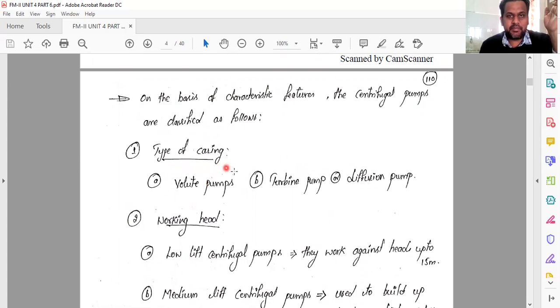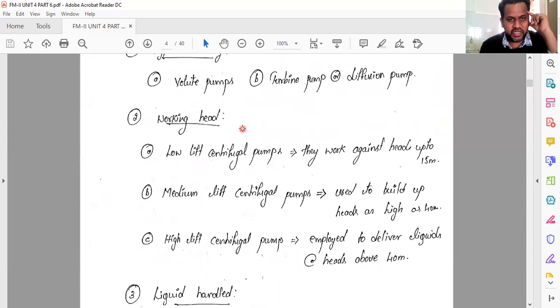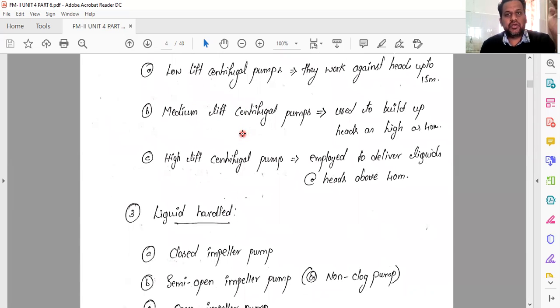Depending upon the type of casing, there are two types of pumps: volute pumps or turbine pumps, which you can also call diffusion pumps. Like that, depending upon the head: the pumps are majorly used to lift the water from a lower level to a higher level, and that height we can call the head. If the head is very less, we call it a low lift centrifugal pump.